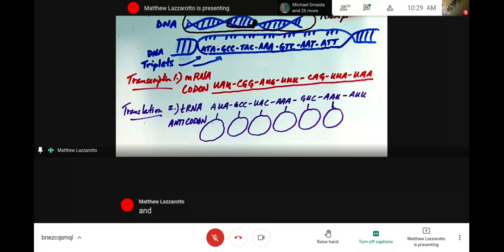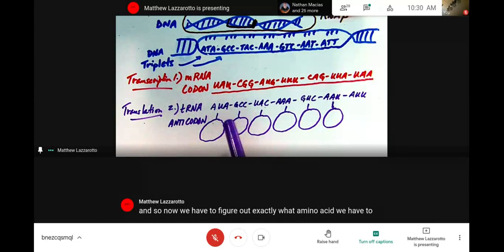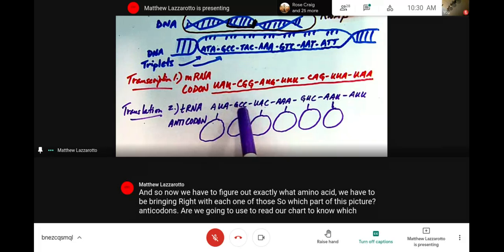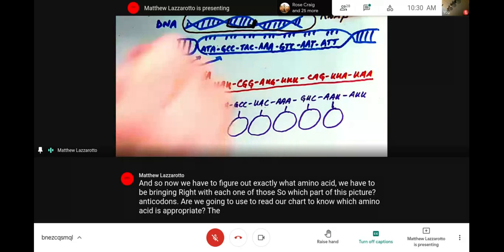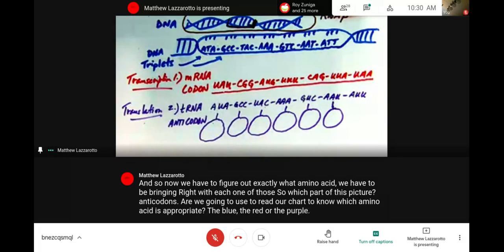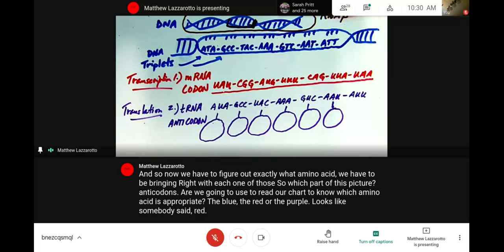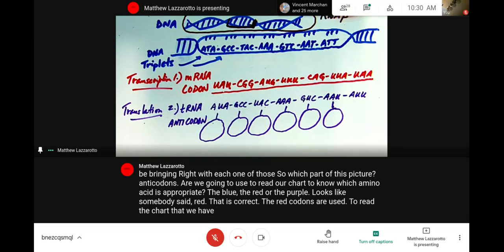And now we have to figure out exactly what amino acid we have to be bringing. Which chart is appropriate, the blue, the red, or the purple? Looks like somebody said red. That is correct. The red codons are used to read the chart that we have here.